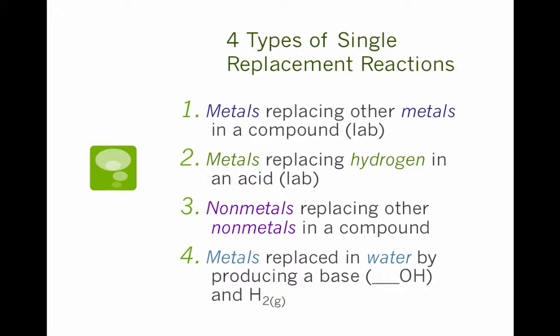Notice here that types 1 and 3 are like replacing like. So only metals can replace other metals. Nonmetals can't kick out metals, but they can kick out nonmetals like themselves. And also remember that hydrogen can sometimes act as a metal.